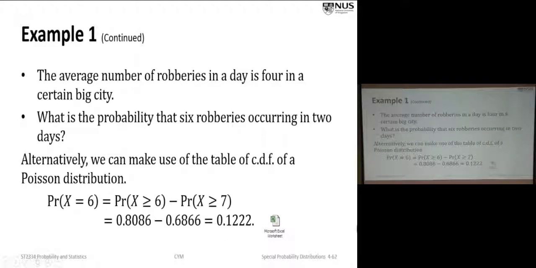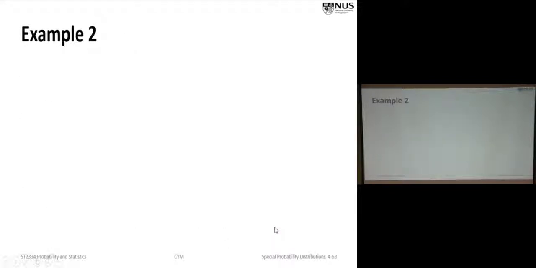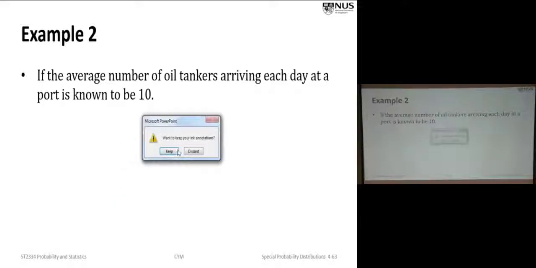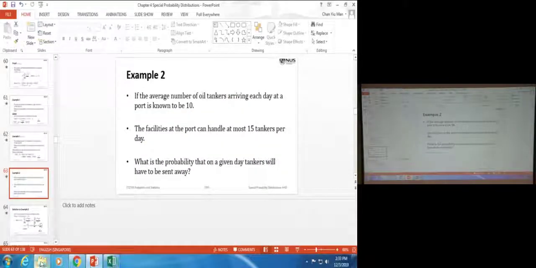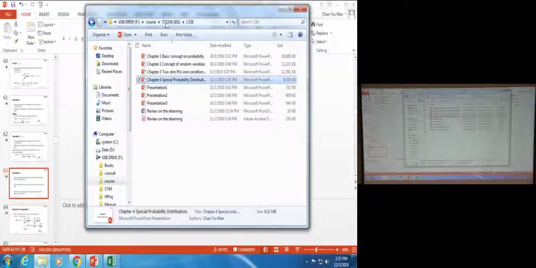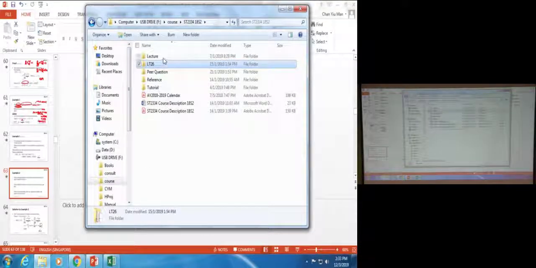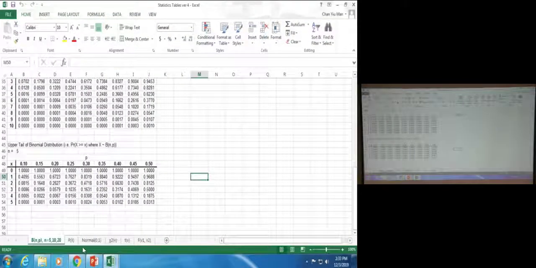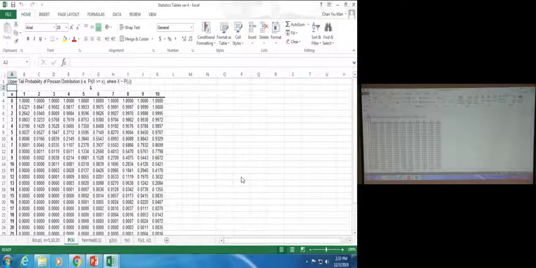Now I don't have the table here. I just want to show you, let me see whether I have tables. Okay, Poisson distribution. So this is a table. In fact, I uploaded it for you.